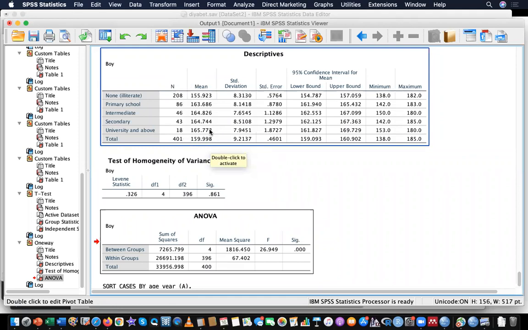But if they are different, how am I going to interpret it? That's another question. Therefore, I have to be very careful when formulating my hypothesis. I have to make a reasonable, logical hypothesis. Here, it is obvious that those who don't have an education are most probably older people.